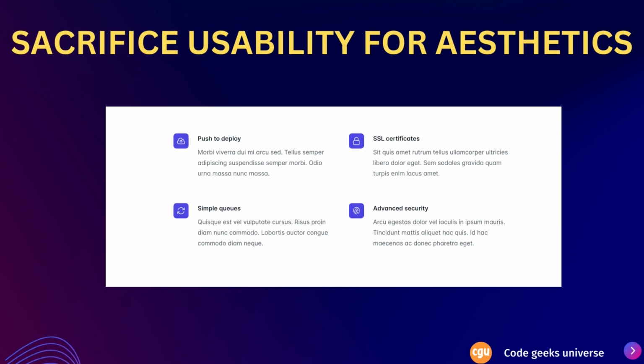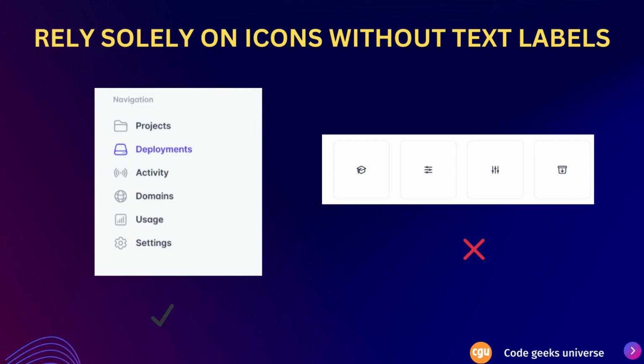And after that, sacrificing usability for aesthetics. While visually appealing designs are important, they should not compromise usability. Ensure that the chosen icon fits well within the layout of your website and does not hinder functionality. And the last thing that we don't have to do is rely solely on icons without text labels.